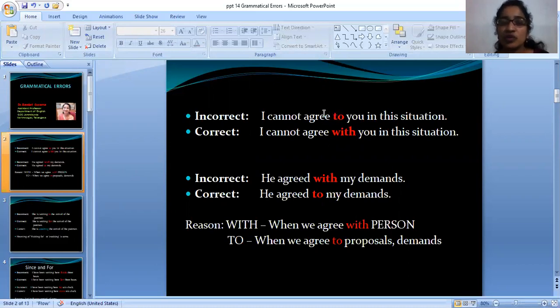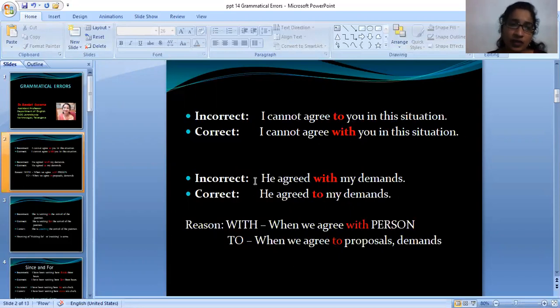Then what is the preposition we have to use here? Come to the next sentence. I cannot agree with you in this situation. So this is the correct sentence. So we are using with here.